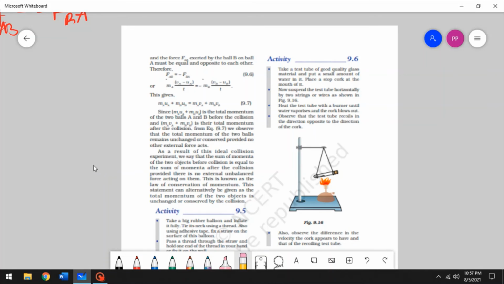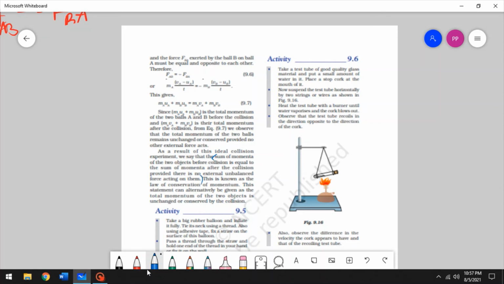Alright. So, as a result of this ideal collision experiment, this was the experiment that was carried out to put forward the law of conservation of momentum. Alright. We can say that the sum of momenta of the two objects before collision is equal to the sum of momenta after the collision, provided there is no external unbalanced force acting on them.